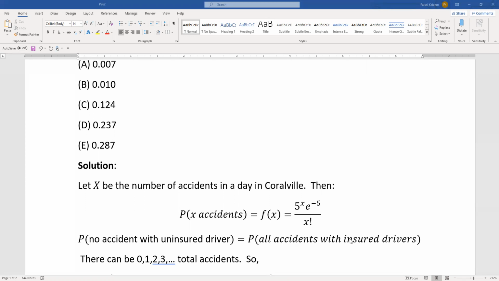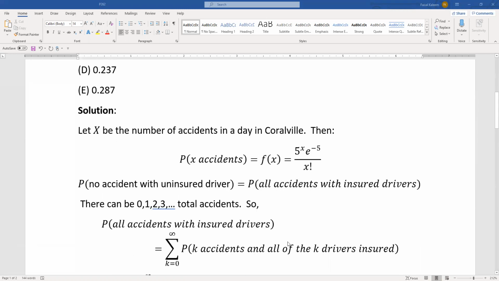That's the same as saying that none of the accidents are with uninsured drivers. Now, the number of accidents could be anything. It could be 0, 1, 2, 3, 4, keep going forever. So no matter how many accidents there are, we want all of them with insured drivers.